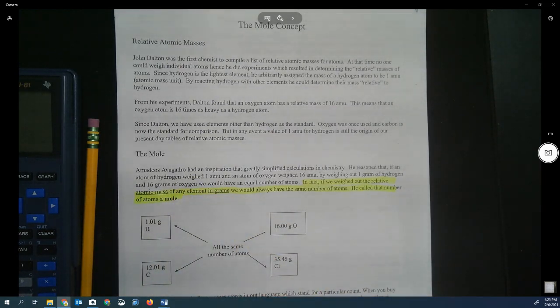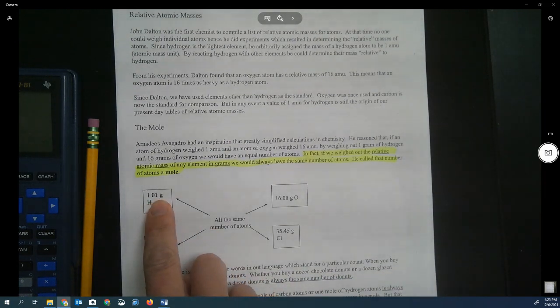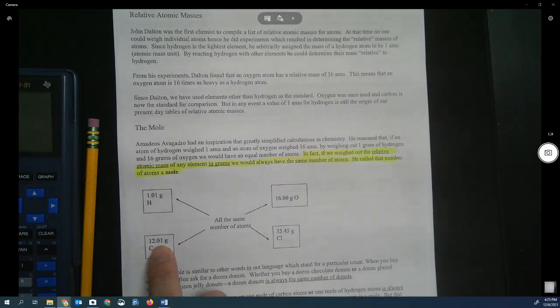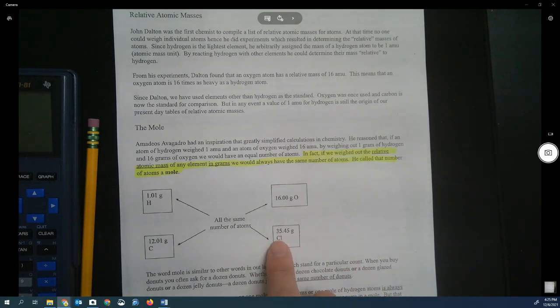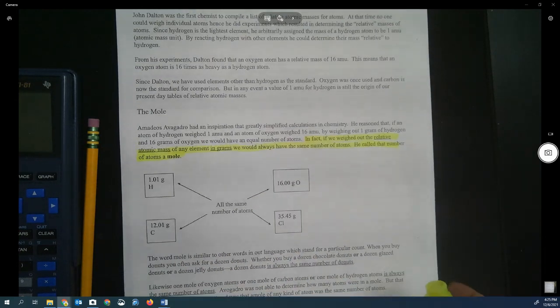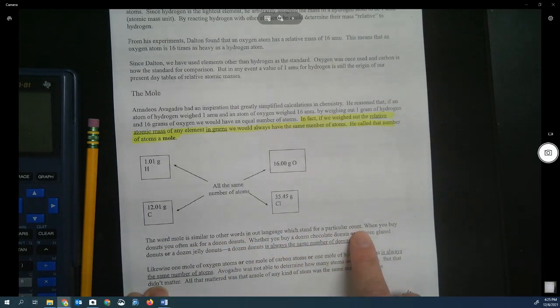Okay. So if we take a look at 1.01 grams of hydrogen, 12.01 grams of carbon, 16.00 grams of oxygen, and 35.45 grams of chlorine, they would all have the same number of atoms. So the word mole is similar to other words in our language which stand for a particle count.